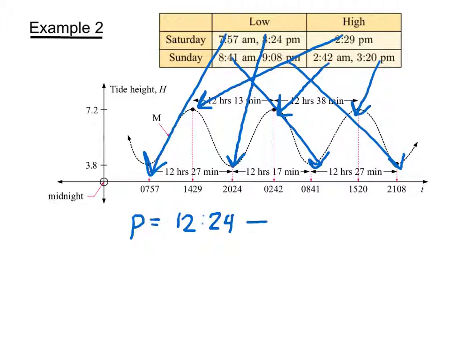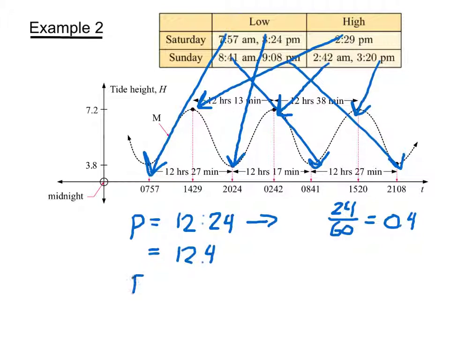But now I really have to convert that into a decimal hour, right? This is 12 hours and 24 minutes. That's not really easy to put into my calculator, so I need to find out what percent of an hour 24 minutes is. Well, if I divide 24 by 60, I get 0.4, right? 24 minutes divided by 60 minutes in an hour, I get 0.4 hours. So my period is really 12.4 hours.